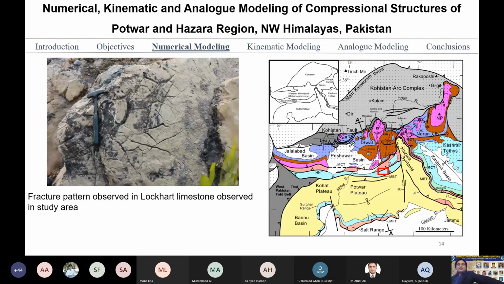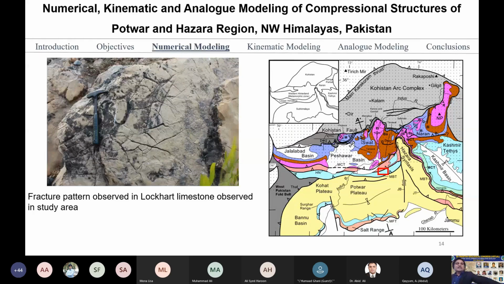What I did was use the circle inventory method and collect data of the Lockhart limestone from the area which is located near the MBT. The main motive is to get the maximum data from the field, use that circle inventory method, apply all the data and form a numerical model and also a paleo stress model. But here I will show you the numerical model of the fracture pattern.